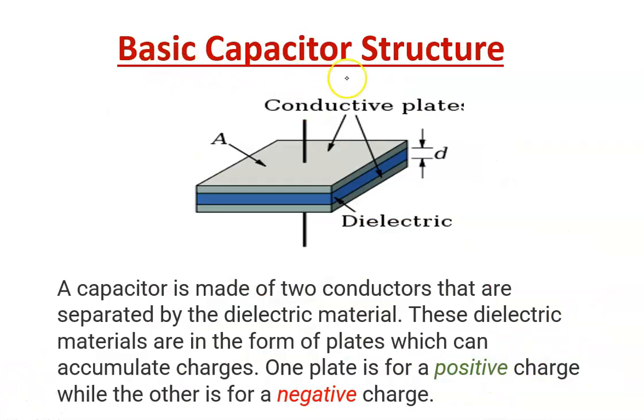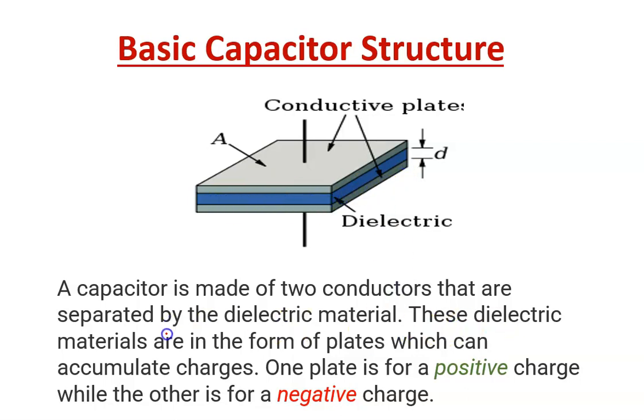Next is the basic capacitor structure. A capacitor is made up of two conductors. These are the two conducting plates. These are separated by a dielectric material, shown by dark blue color in the figure.